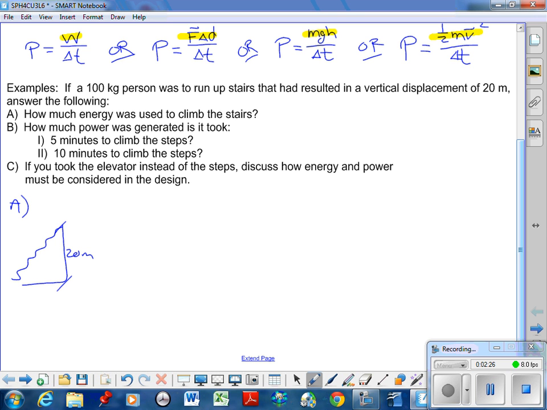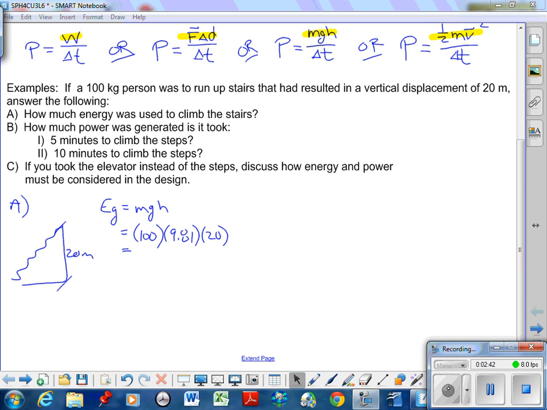What's gravitational potential? To go upstairs, you're overcoming gravitational potential. So mgh, mass was 100 kilogram, which is about 220 pound person. 9.81 times 20 equals 19,620 joules of energy. Okay.